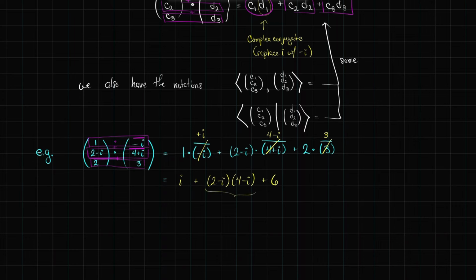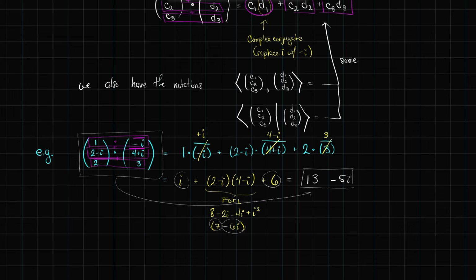So if I go ahead and FOIL this out, I end up with 8, that's 2 times 4, minus 2i, that's the outside, minus 4i is the inside, and the last is plus i squared. i squared is negative 1. I'm going to have 8 minus 1 is going to give me 7. Minus 2i minus 4i is minus 6i. Everything in the middle turned into 7 minus 6i. If I add i minus 6i, I'll have a negative 5i, and I'll have plus 6 plus 7, I'll have 13. So it turns out the inner product of these two vectors was 13 minus 5i.